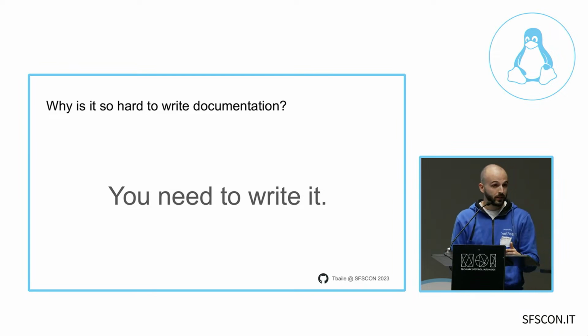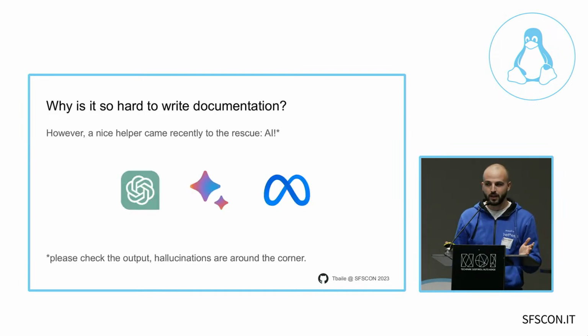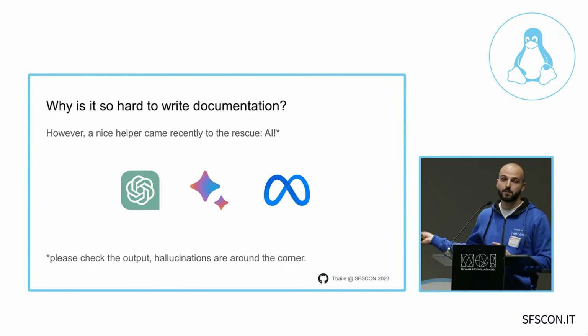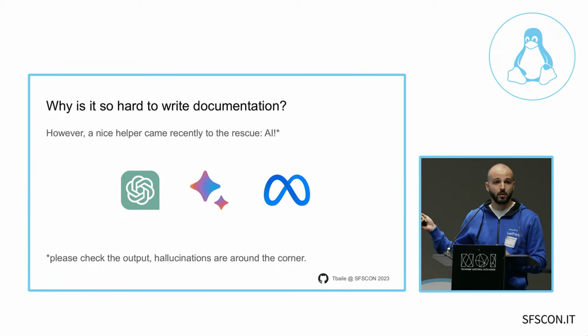However, in recent years, or even in the recent 6 or 8 months, we got new helpers who help us. They're not perfect. We will find some hiccups and hallucinations in how AI can produce documentation. However, it's a fast way to produce documentation for the end user. It just doesn't need to be perfect.